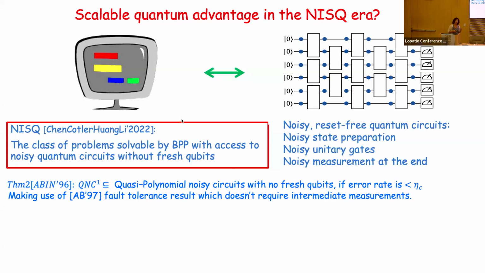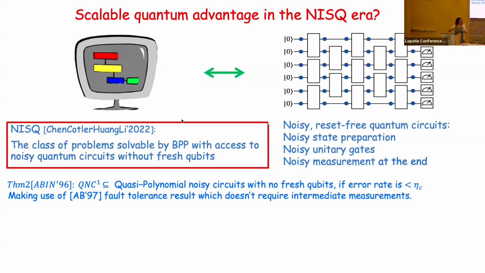This is because, going back to my paper with Miki from '97 about fault tolerance, this is, as far as I know, the only paper that actually showed that fault tolerance can be performed without intermediate measurements. It does use fresh qubits. But if the depth is just logarithmic, you can prepare all the fresh qubits in the beginning.